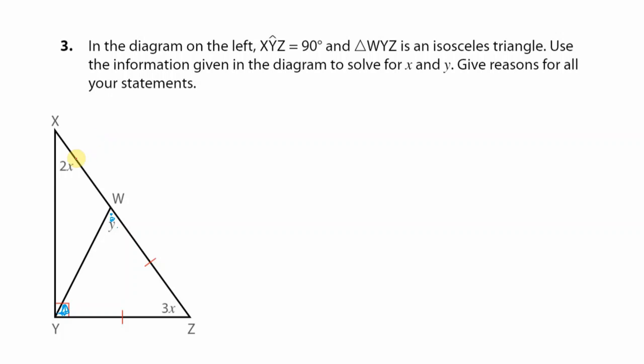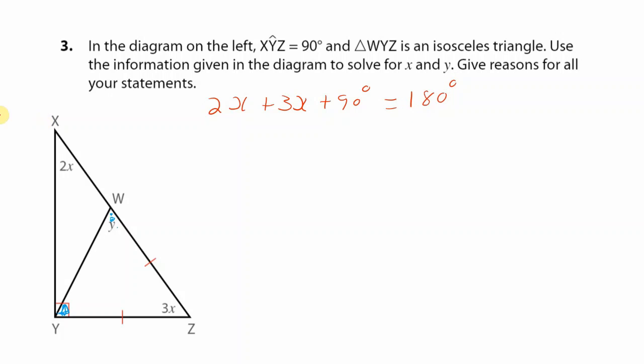Okay, so now the first thing that I see, in the top triangle, we have the 2x, we have the 90 degrees, we have 3x. So we only have one variable and we have a value. So we can solve. We can say 2x plus 3x plus 90 degrees equals 180 degrees.